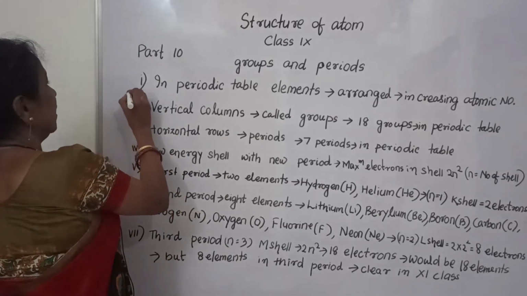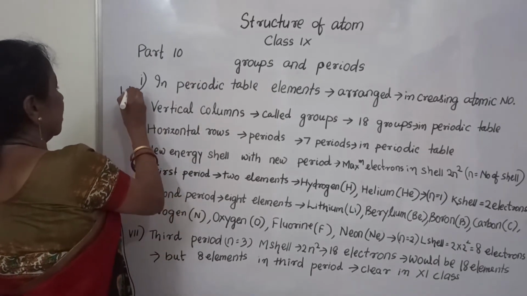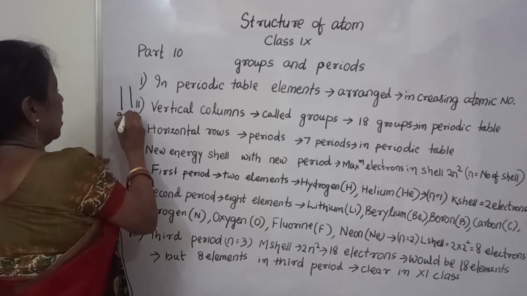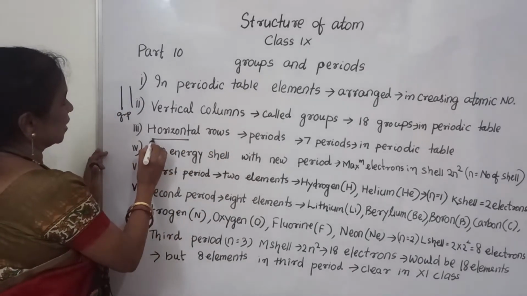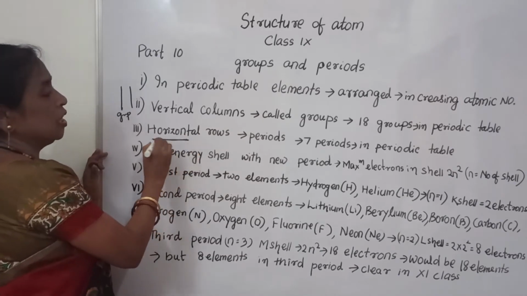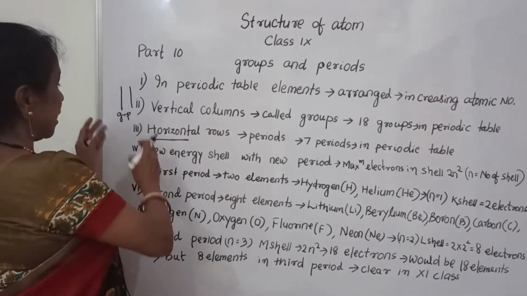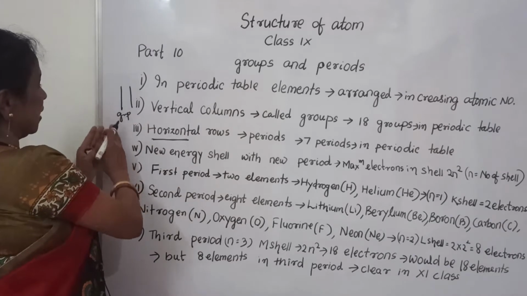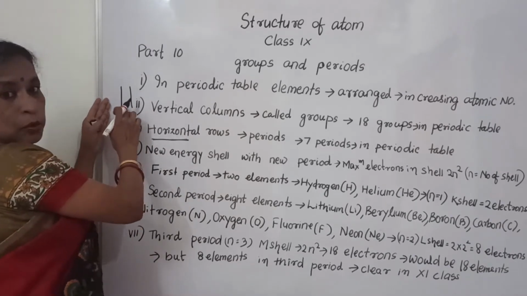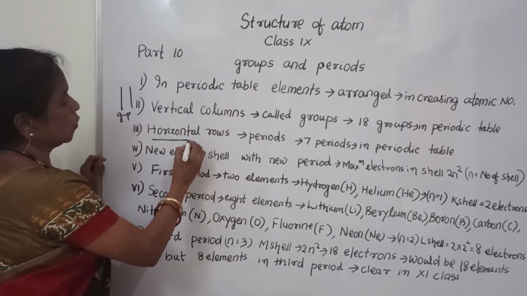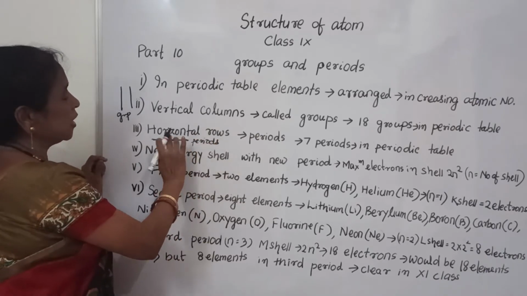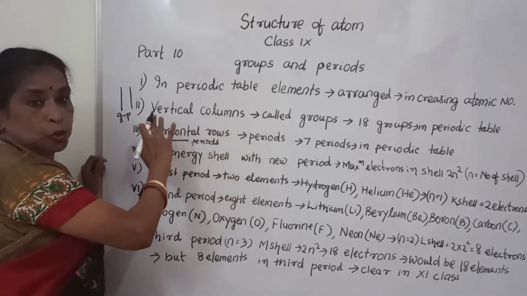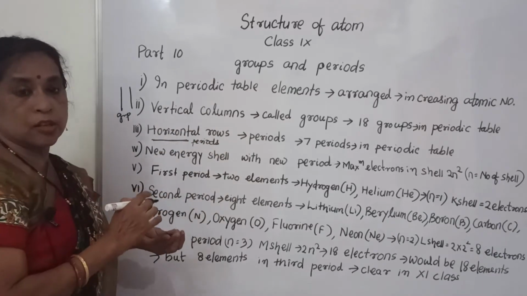Vertical means like this, this is a group, and horizontal means in the plane, like this, these are horizontal rows, and these are called periods. So vertical columns are groups, and horizontal rows are called periods.